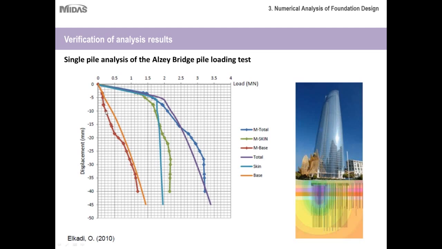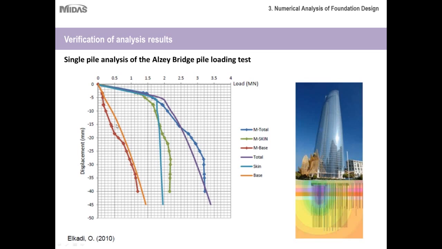You can see this is the base load test, and the one with the dot is from the field data, the one with the straight line is from the numerical analysis of a single pile. Then you can see it's the same pattern for the skin friction graph and the same pattern for the overall or total behavior of the pile.